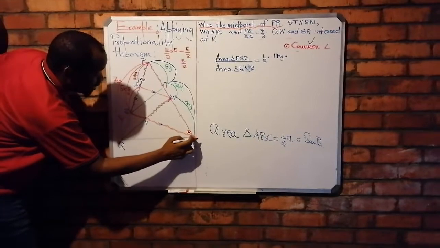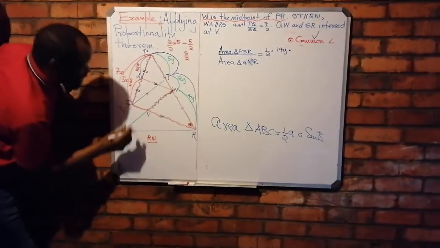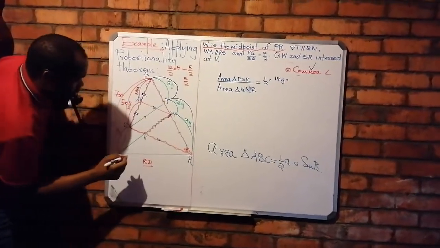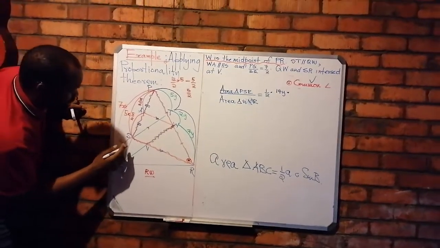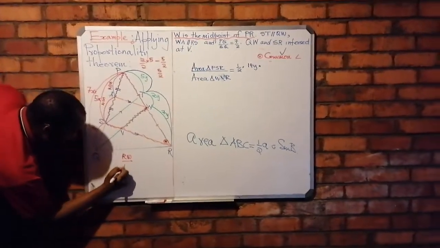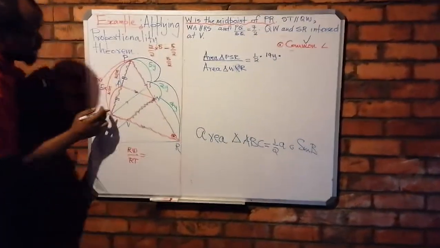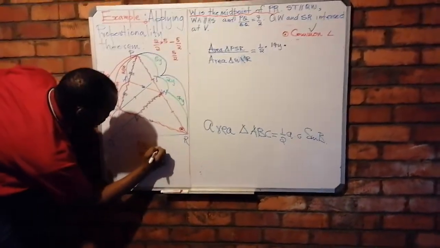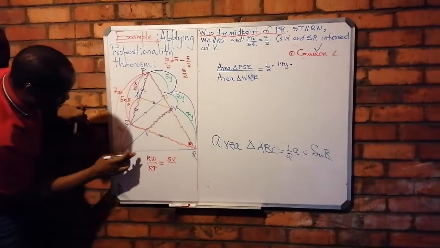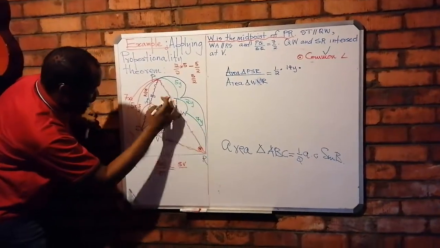It would be RW divided by RT, because we want to get SR. It would be equal to SV divided by, I said here, RW, this one, divided by that.